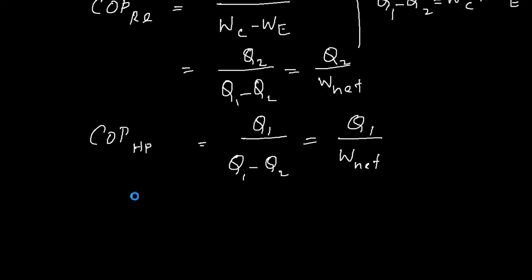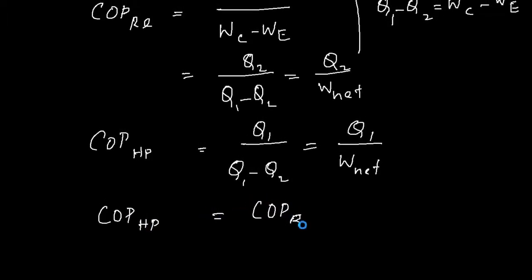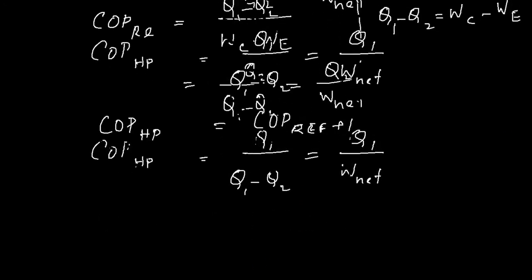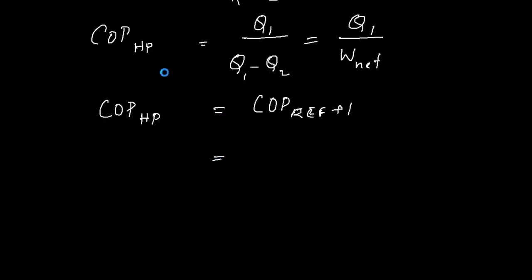Now, you can also show that the coefficient of performance of a heat pump is equal to the COP of a refrigerator plus 1. How will you prove that? It's just an easy thing. The COP of a heat pump is Q1 over Q1 minus Q2, and we say that's the COP of a refrigerator plus 1. Let's see: the COP of a refrigerator is Q2 over Q1 minus Q2, plus 1.